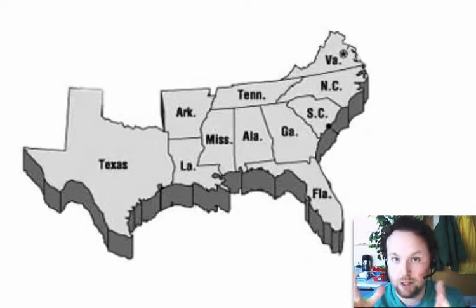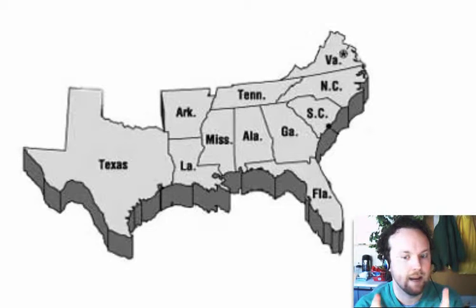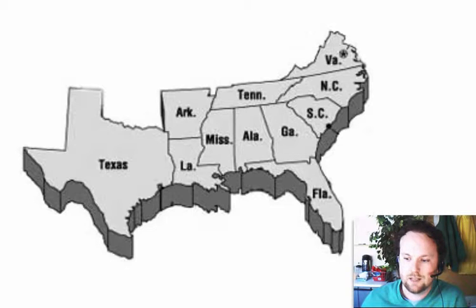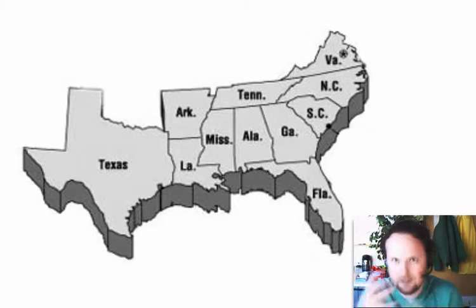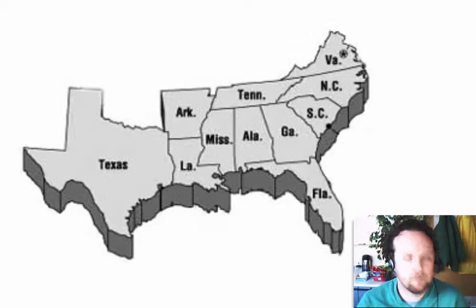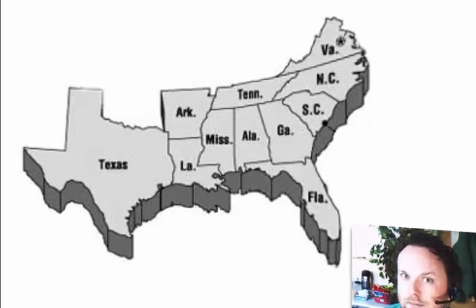The population of the South was about 9 million versus the North's 22 million, and about a third of that 9 million was slaves. So you're looking at about 6 million free Southerners versus 22 million free Northerners. Finding potential soldiers from a much smaller pool, and no soldiers equals no army.